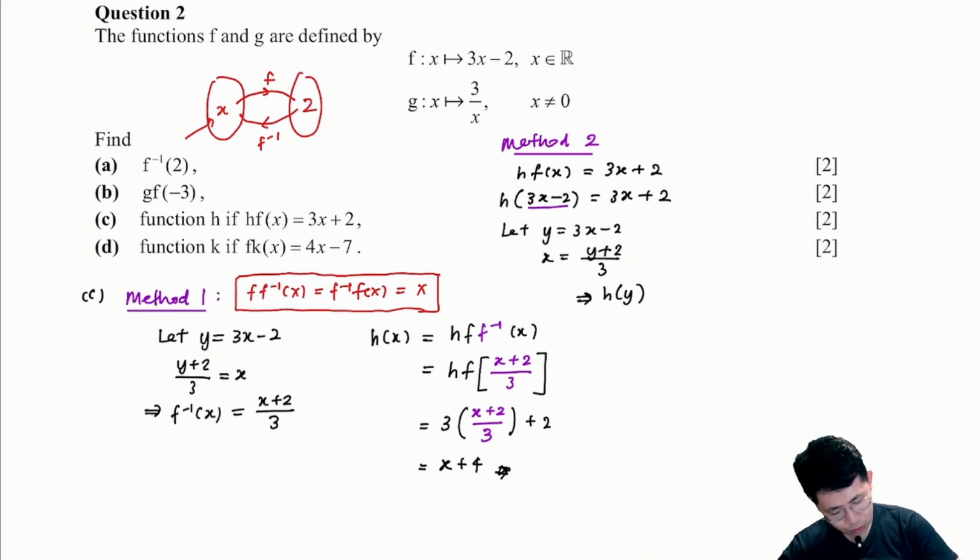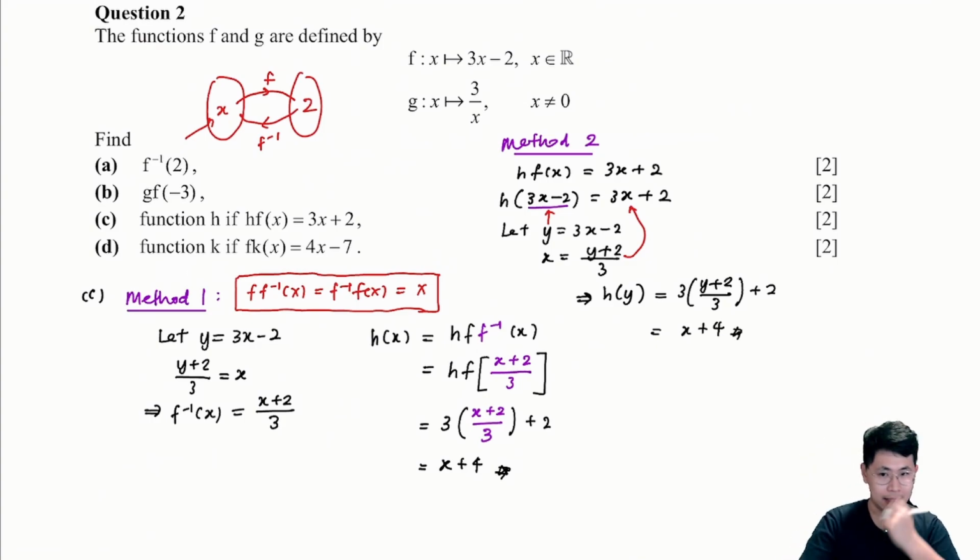So y will go here, and this will come here. So this one over here will be equal to 3 times y plus 2 over 3, plus 2. So this is actually equal to x plus 4, exactly like the answer that we found earlier.